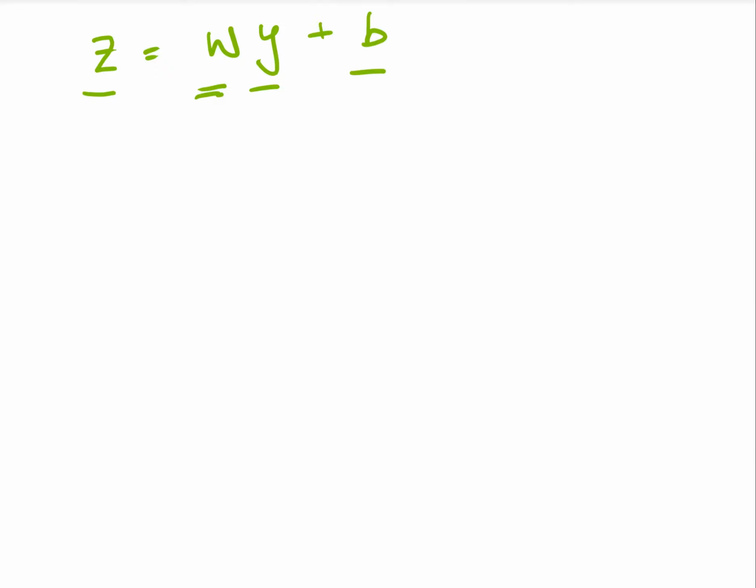If I want to find the relationship between a small perturbation of y and a small perturbation of z, what is the relationship? Anyone? What is the relationship? This is just w, correct? And so what is the derivative of z with respect to y?